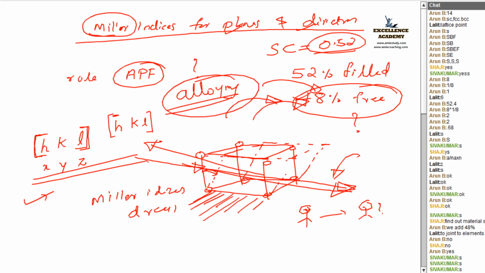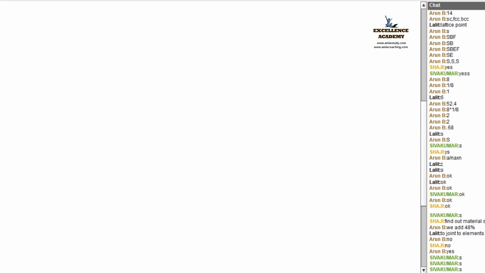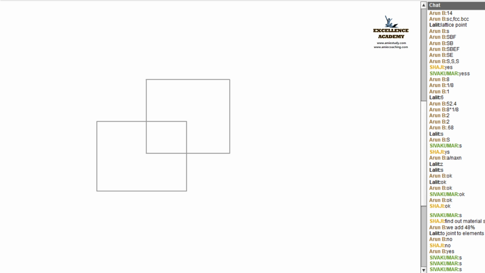I shall repeat once again. This is my x-axis, this is my y-axis, and this is my z-axis.